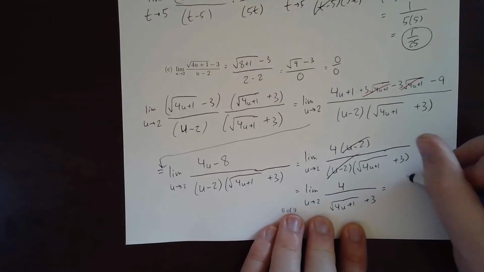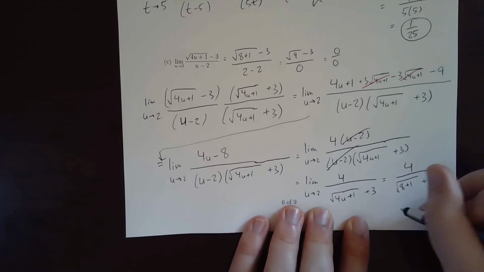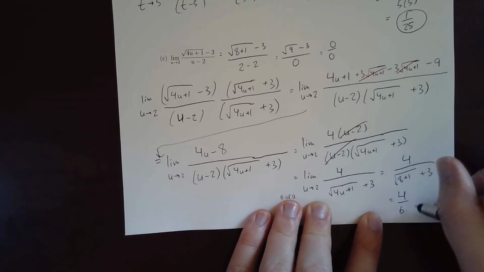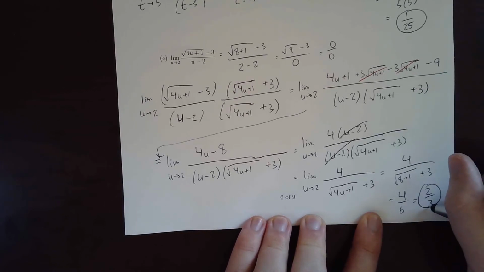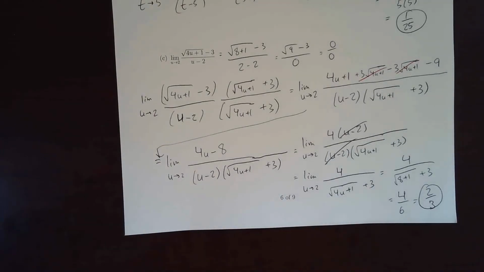And so this will be 4 over the square root of 8 plus 1, plus 3. And so this will be 4 over 6, or just 2 over 3. All right, so we've got yet another one of these limits down.